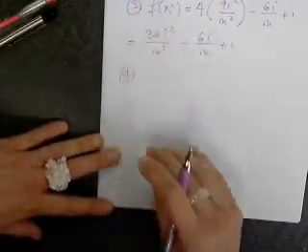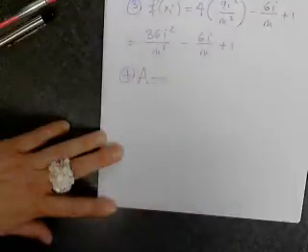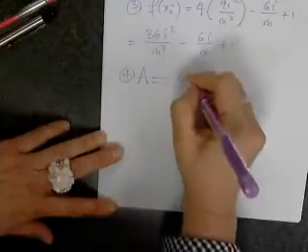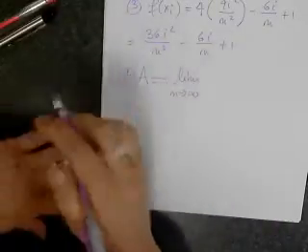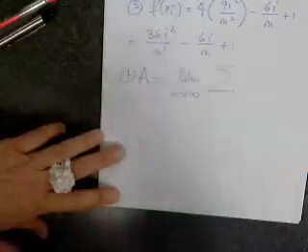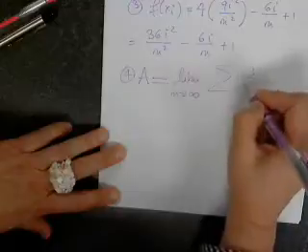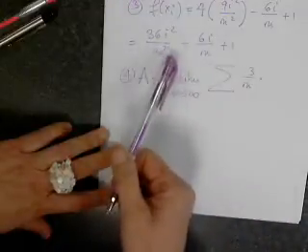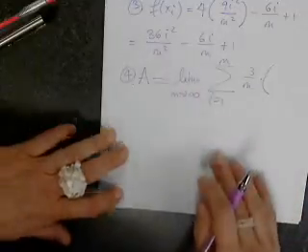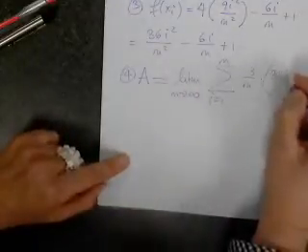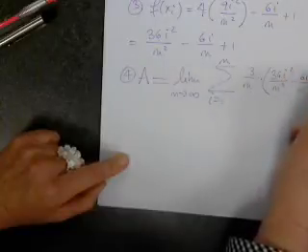I'm now ready to write that A is exactly equal, no approximation, to the limit as the number of subintervals goes to infinity of the sum of the areas of all subintervals. So I have delta x, which is 3 over n, times the function, which is the height of each subinterval, from i equals 1 through the last one. So this is 36i squared over n squared minus 6i over n plus 1.